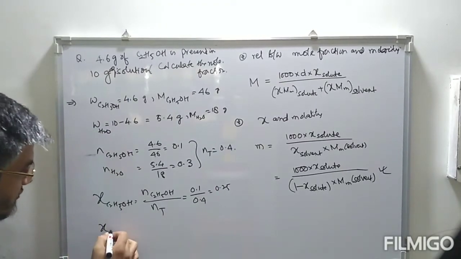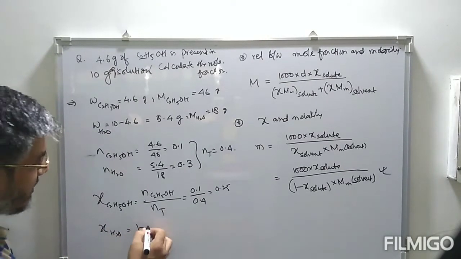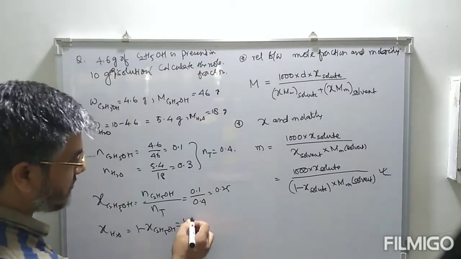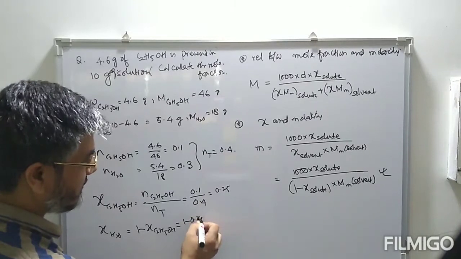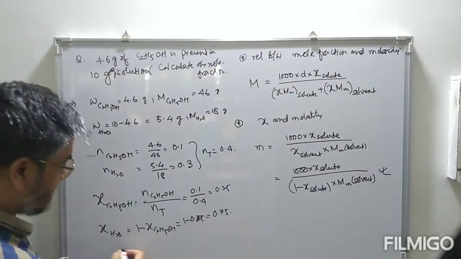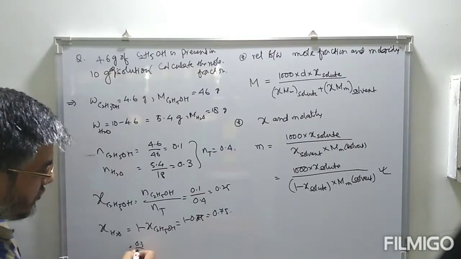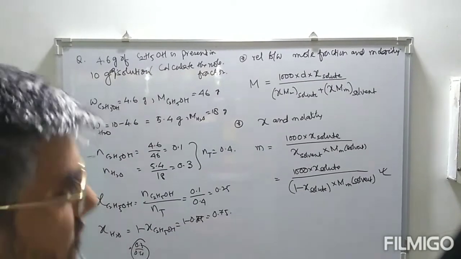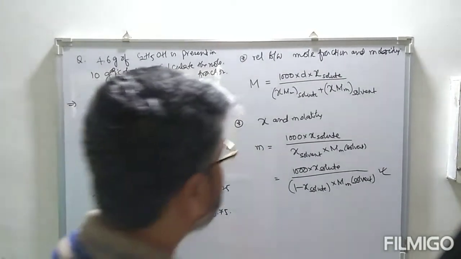Mole fraction of water is 1 minus mole fraction of C2H5OH, that is 1 minus 0.25, that is 0.75. So this is how we find mole fraction from mass.